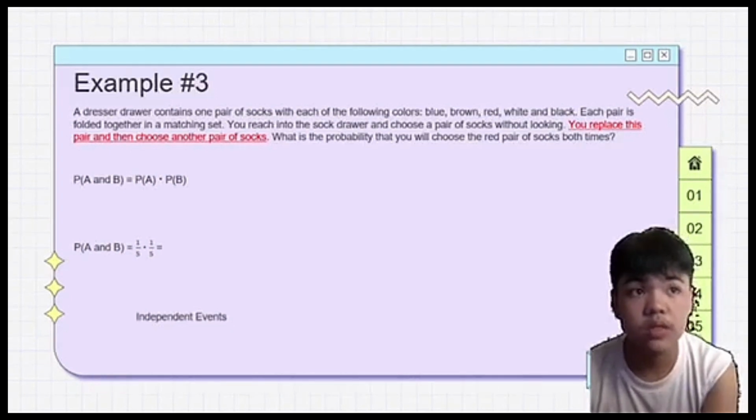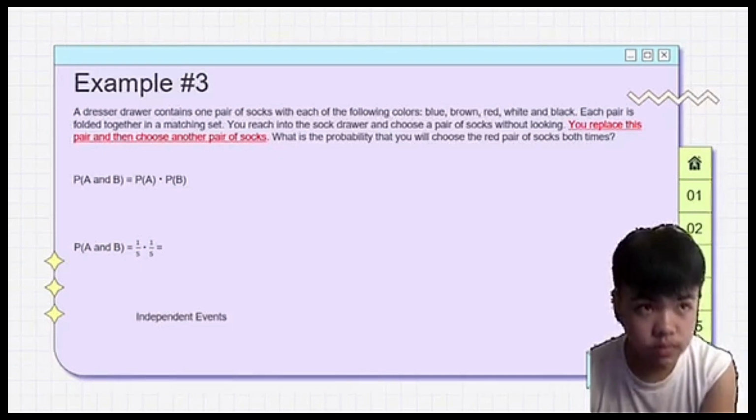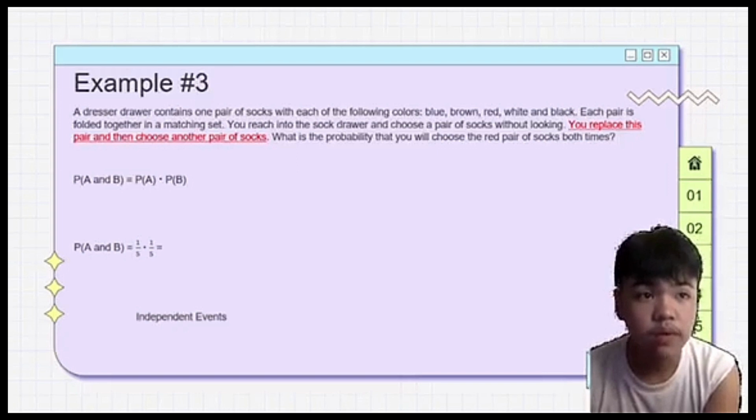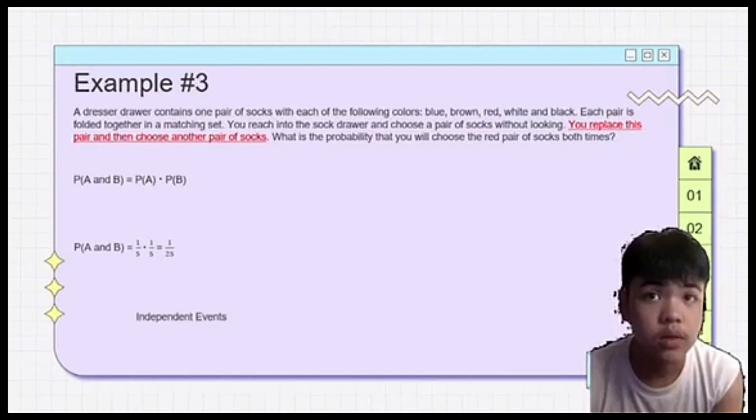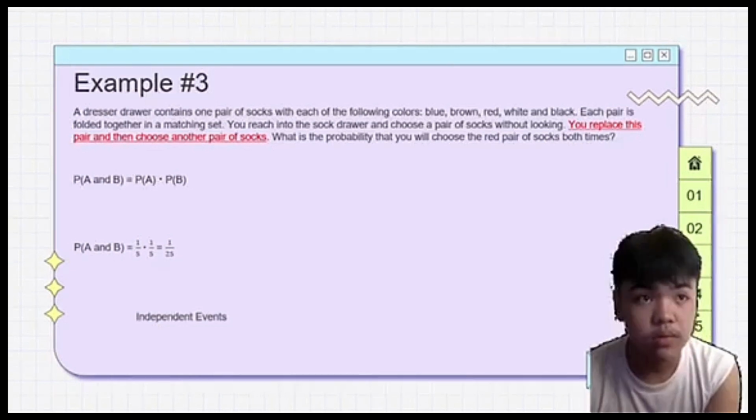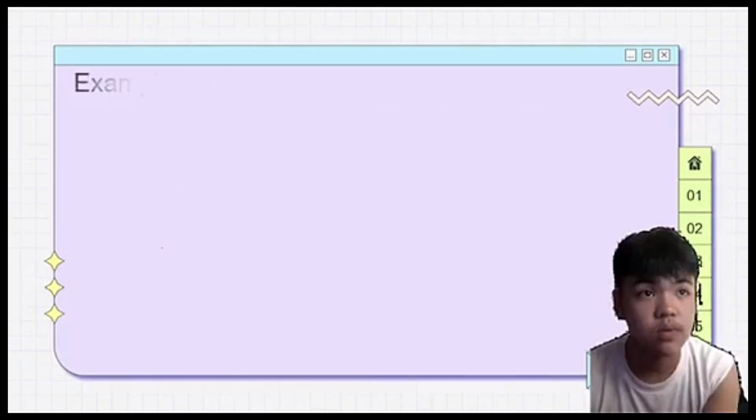Because you replace this pair and then choose another pair. So, binalik mo siya. So, kaya pareho lang yung kanyang numerator and denominator. So, 1 over 5 times 1 over 5 is equal to 1 over 25. That's the answer.